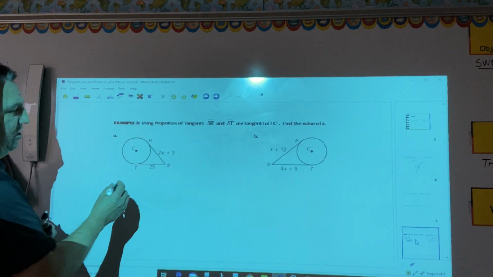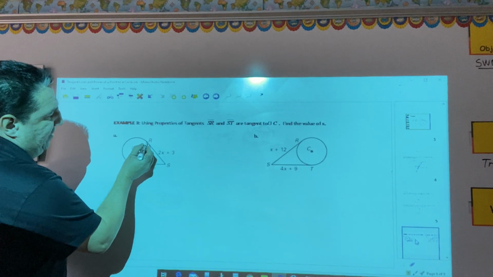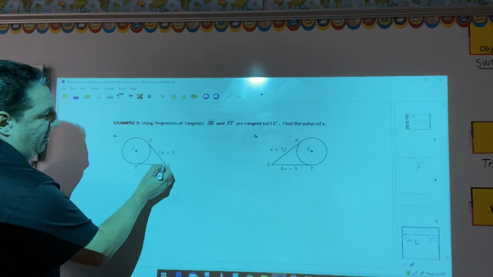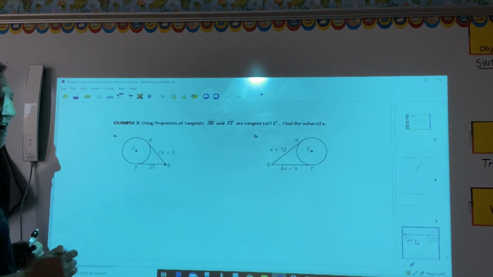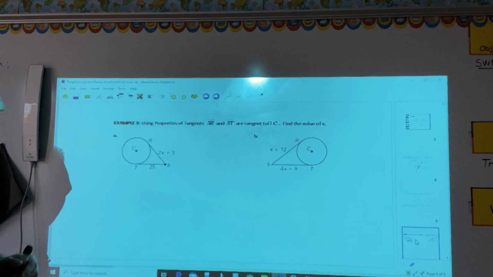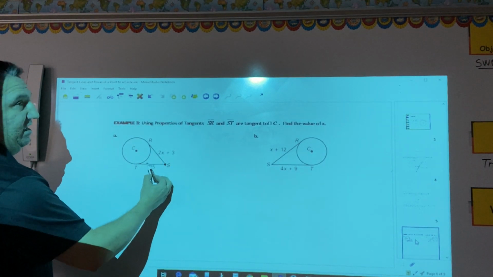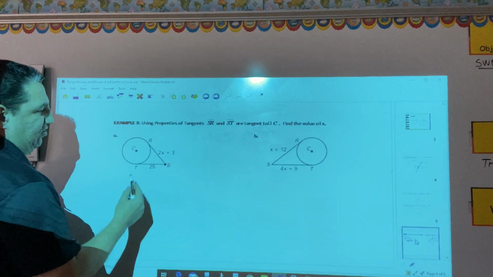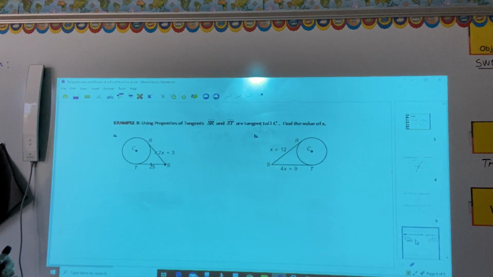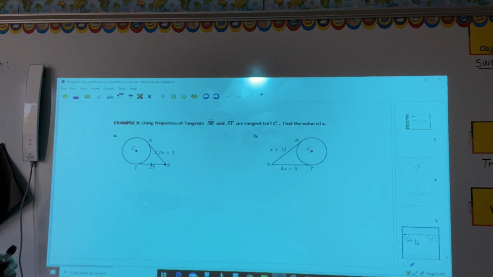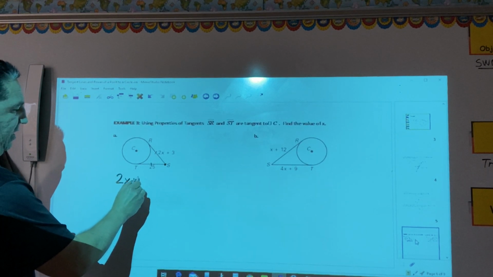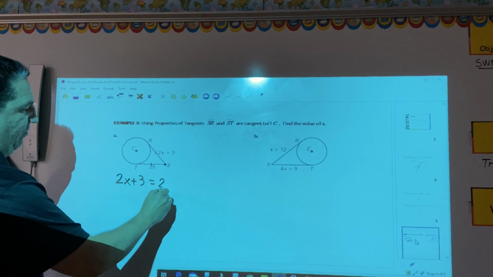As we see here, these two tangents, RS and TS, intersect at a common point S that is outside the circle. Because these two segments are tangent, according to theorem 3, they are congruent. Congruent means equal. So to find x, we write the equation 2x plus 3 equals 25.